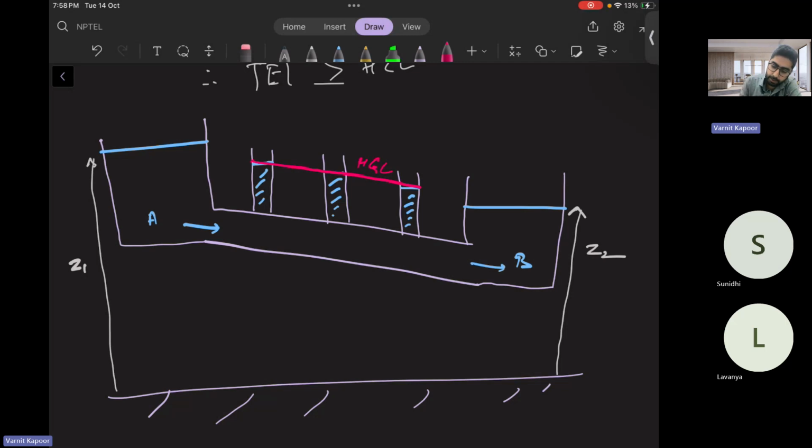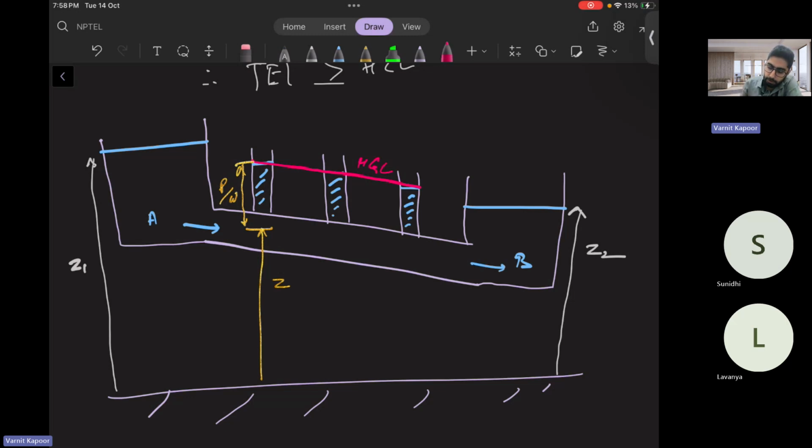Suppose this is your point at position Z, and this is P by W. So P by W plus Z is your piezometric head. That tells you the hydraulic energy line.